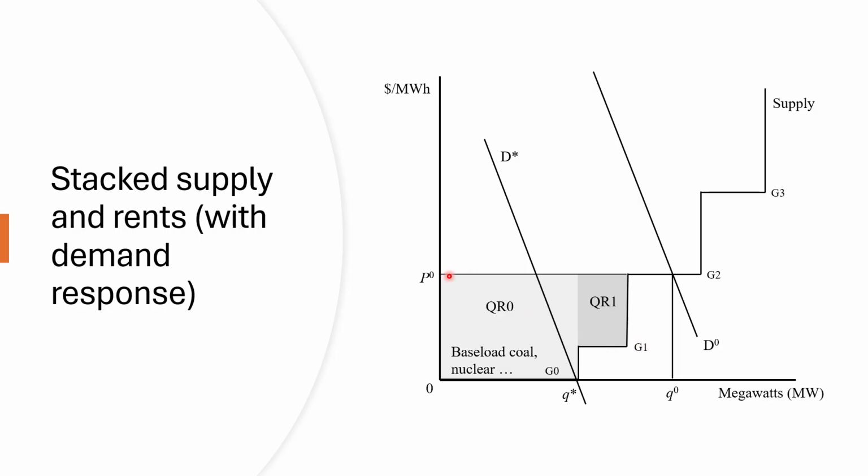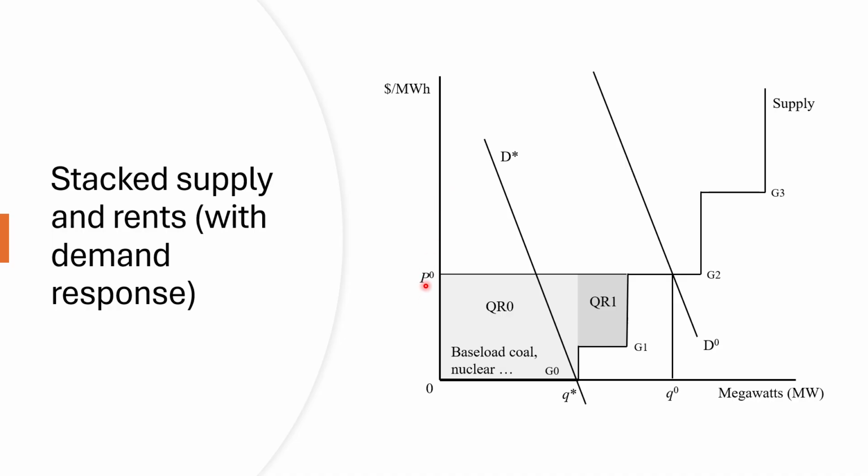Now, if the price happens to be P0 and the marginal generator is able to operate at anything but full capacity, then the price will be P0. If it cannot operate at anything but full capacity, then the price would be determined by G3, which would mean that G2 would fall out, this would all shift over, and the intersection would occur up here, and the price would be much higher.